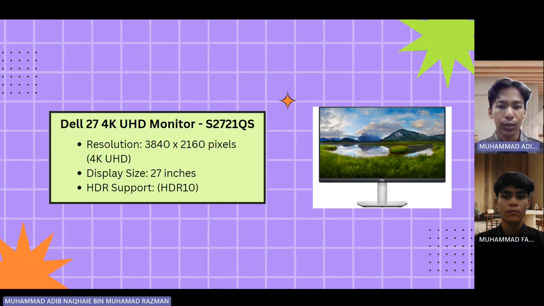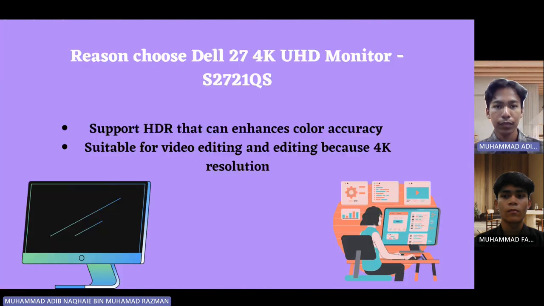Okay, the UHD monitor, the resolution is 3840 by 2160 pixels, 4K UHD, and display is 27 inches, and it supports HDR10. The reason why we choose this monitor is because it supports HDR that can enhance the color accuracy.